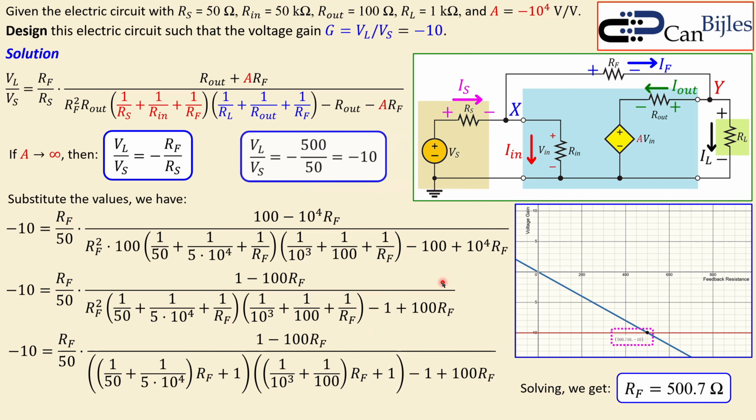Okay, so if I now, as said before, just use 500, I get my minus 10. But if I use 500.7, I get a little bit larger according to this expression. And I need really this value of RF in order to get the exact minus 10, because there is some error in the circuit due to that A, which is not infinite.